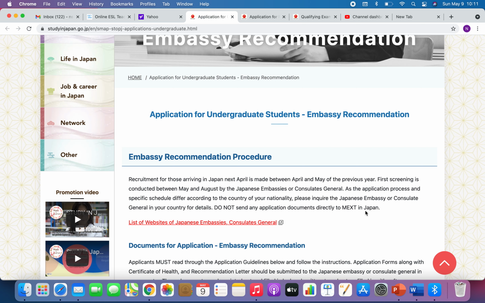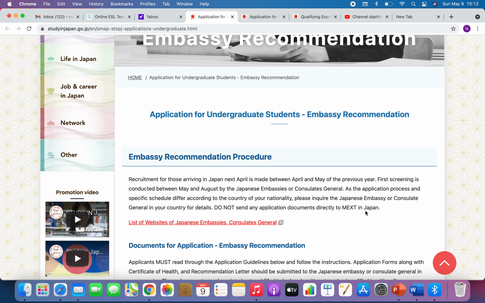Every Japanese embassy has its own way of accepting applications. For some that I've seen, they only accept you handing in the documents. Others accept post, and I've seen one where they accept email. So you should check with your embassy to know how they expect documents so that you don't have any issues.